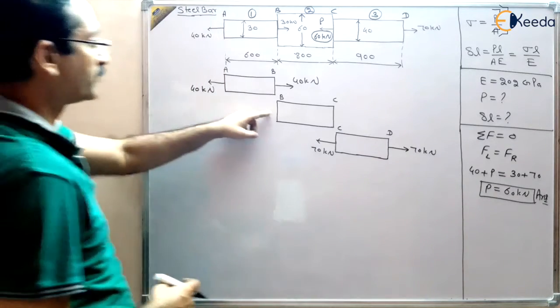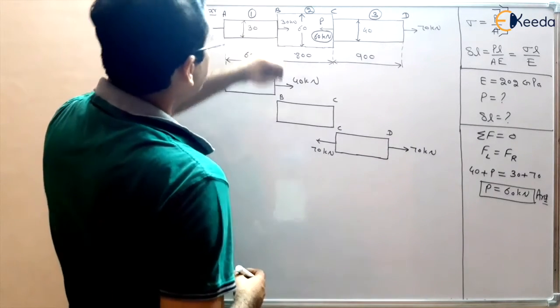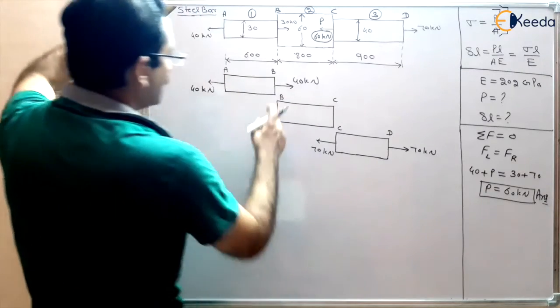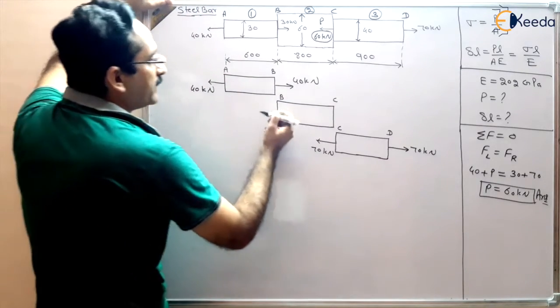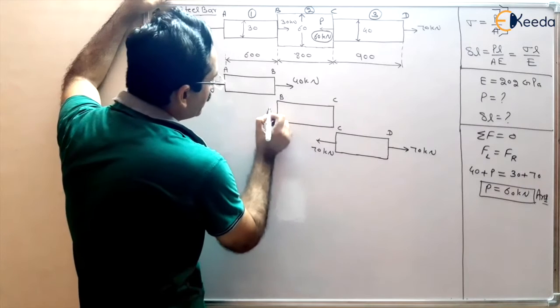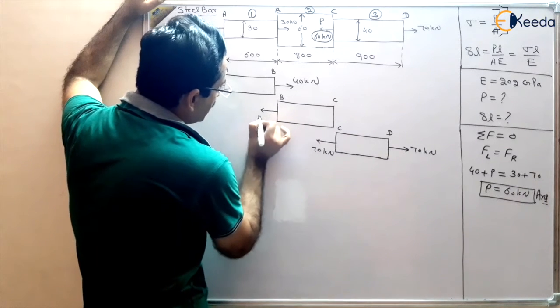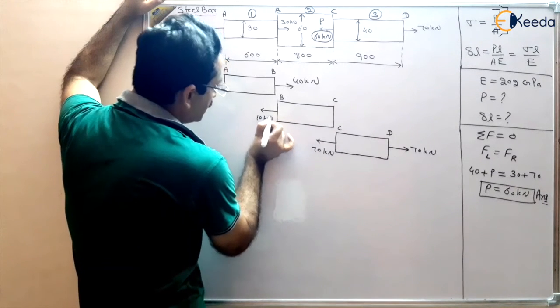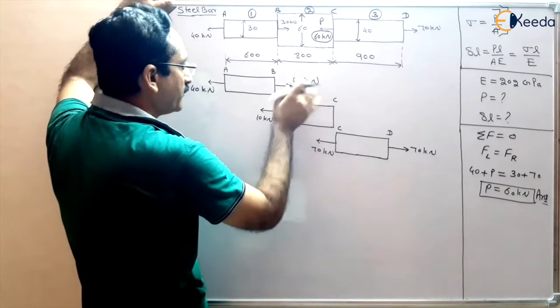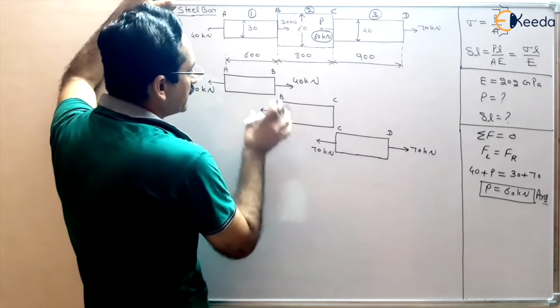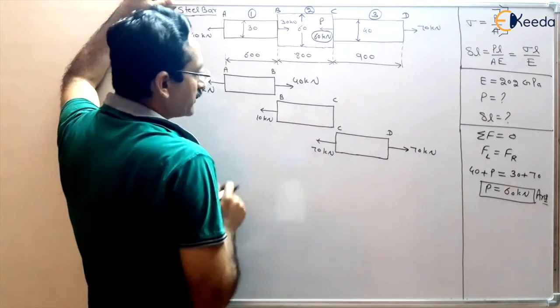Now, what is the force on B? Total force on B is 30 kilonewton, but we have two sections. So we have to apply here 10 kilonewton leftward, so that 40 rightward minus 10 leftward should be equal to 30 rightward, right?